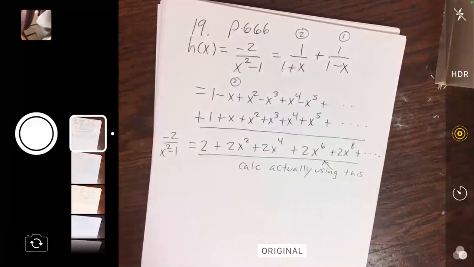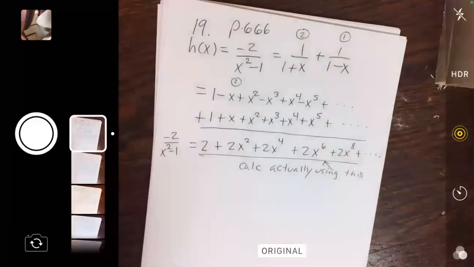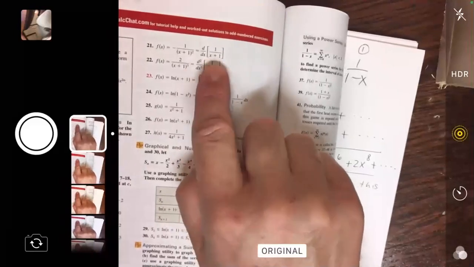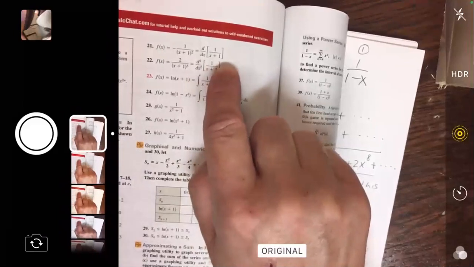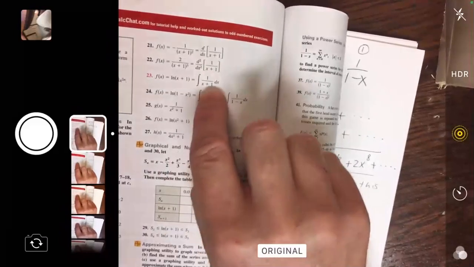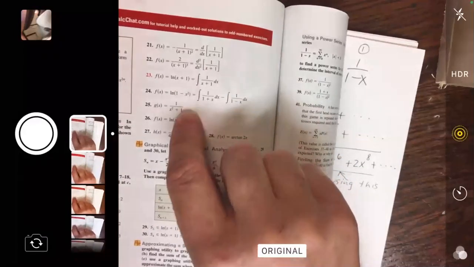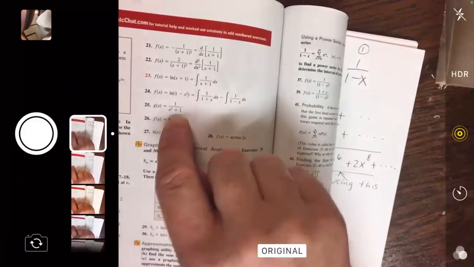Okay, so they'll give you some, like if you went to 21, you're going to wind up doing a derivative. They're giving you a hint. They want you to do a derivative on formula 2. 23 has you work out a log, and they're giving you the hint you do an antiderivative on formula 2. 25 is super simple, just plug in x squared on formula 2.